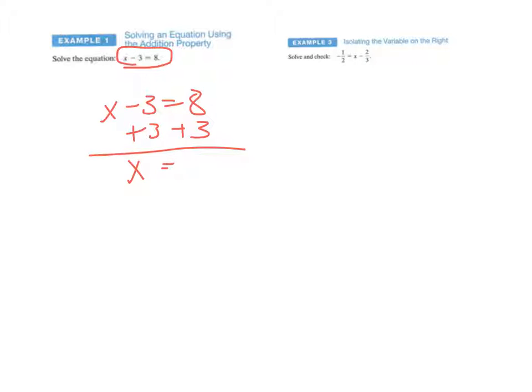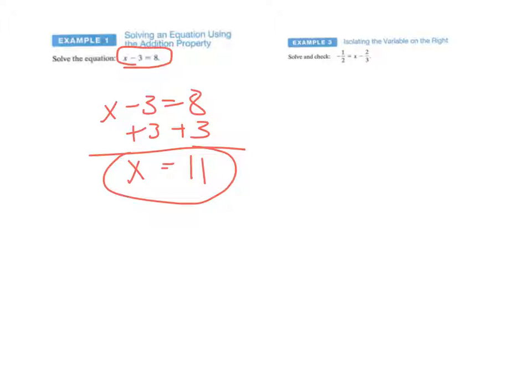If I want to solve this equation, I want to get the x by itself, so I'm going to add 3 to both sides of the equation. Adding 3 gives me 0 and x is what's left over, and when I add 3 I get an 11. So the answer, or what satisfies the equation, is when x equals 11.